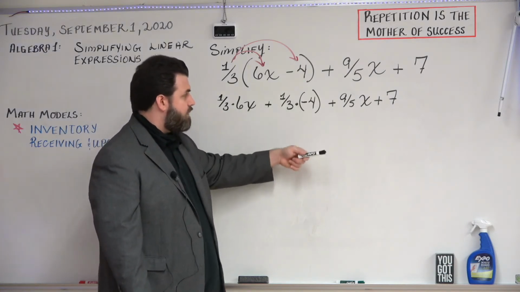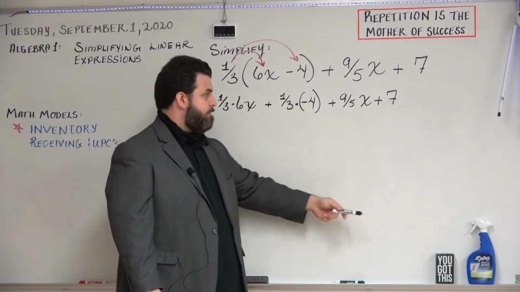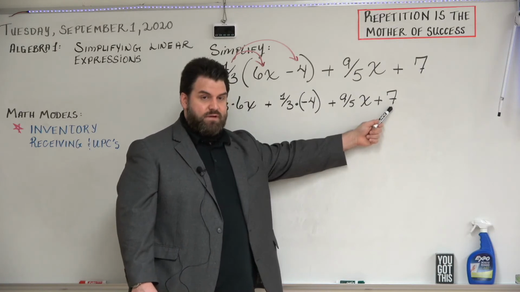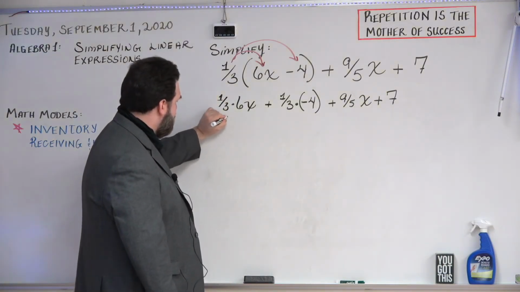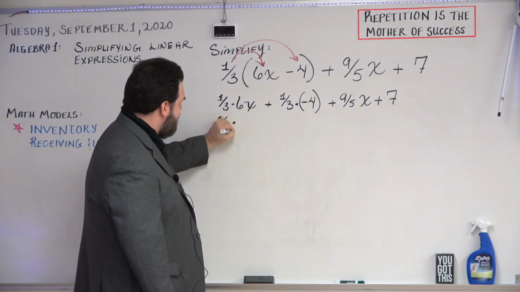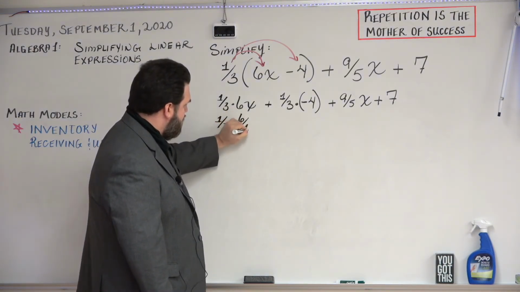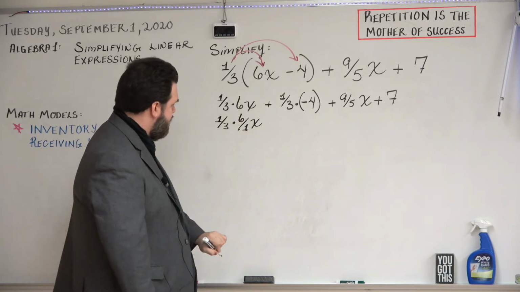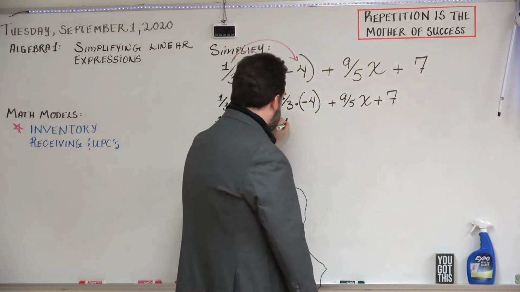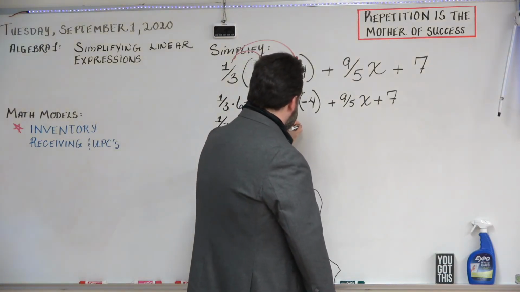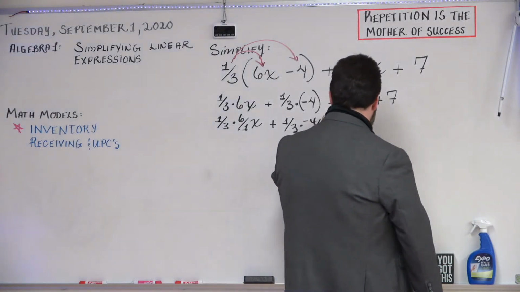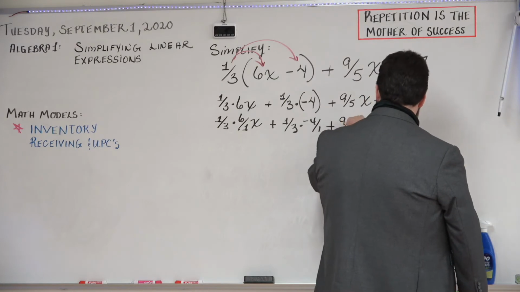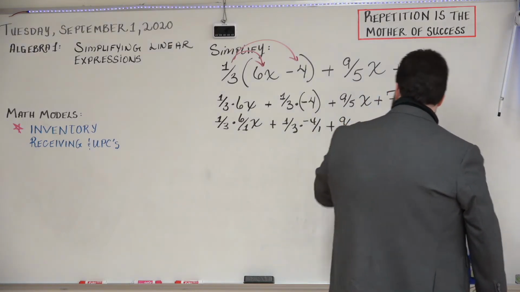Instead of -4, we're going to write -4 over 1. We'll leave the 7 for now. We'll come to him later. So we're just going to write a new line. 1/3 times 6 over 1x plus 1/3 times -4 over 1 plus 9 over 5x plus 7.